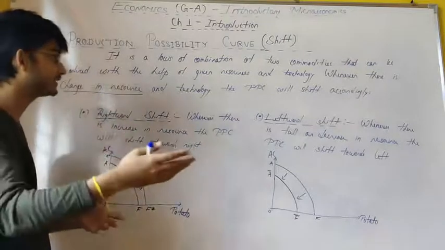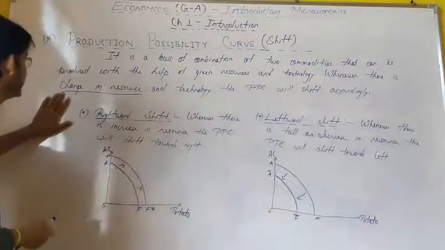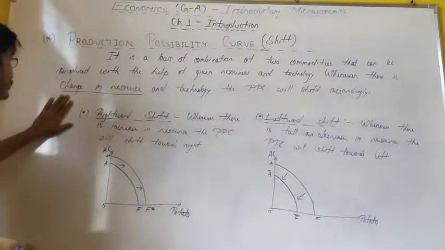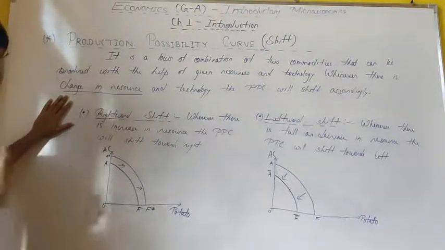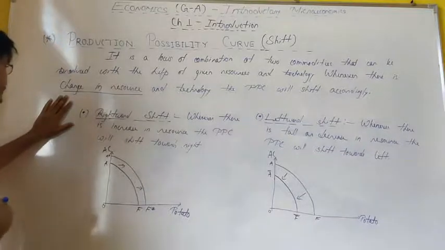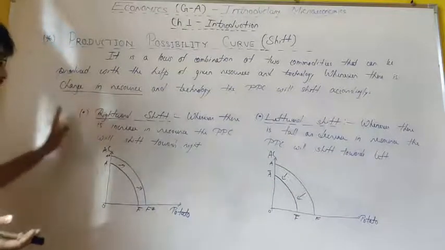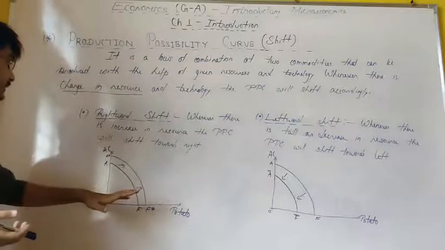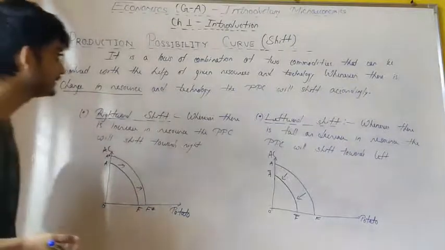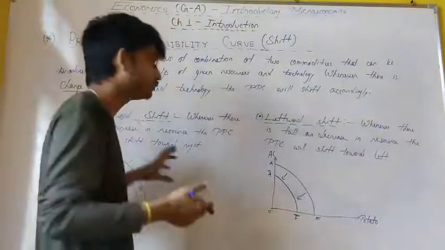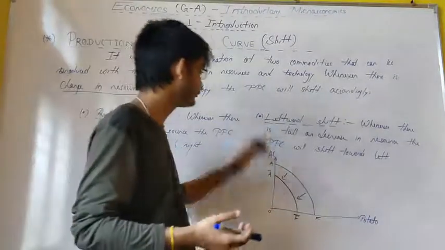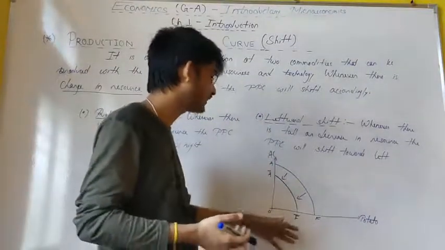Hence, before starting this video, I told you that this change could be positive as well as negative. Whenever there is a positive change, the PPC will shift rightwards, and when the change is associated with something negative, that means the leftward shift.